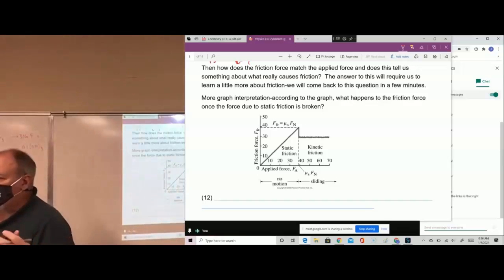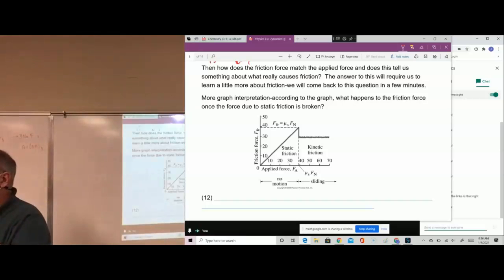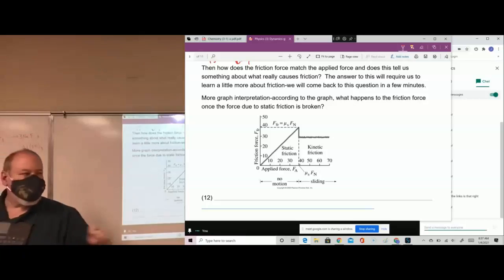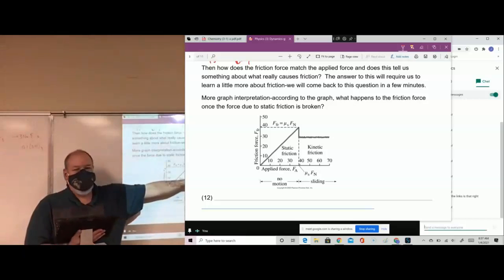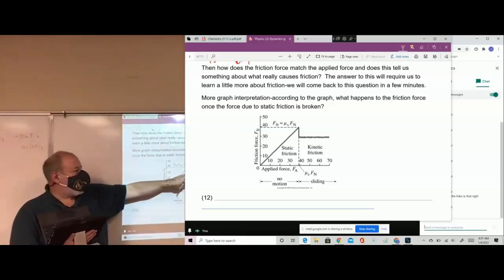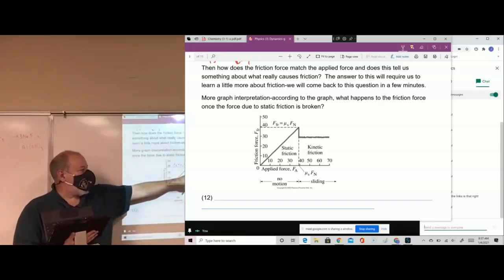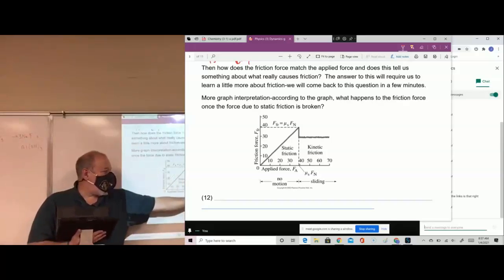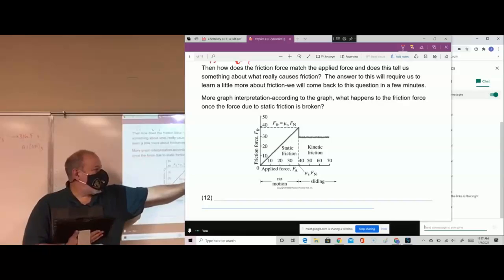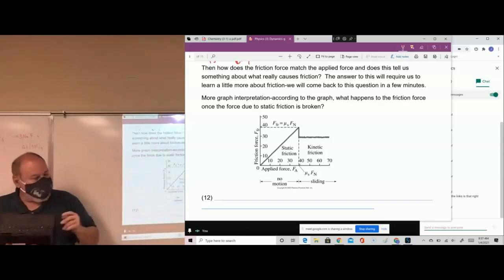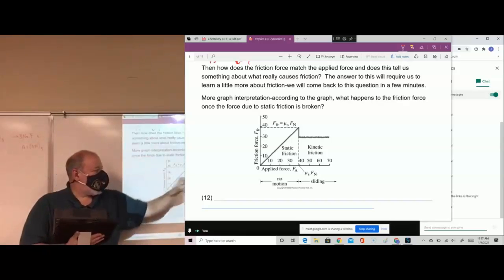Every time I push on something and I push and push and push and then finally it breaks free, it takes less force for me to keep moving it. That friction force is going to decrease and then stay the same.